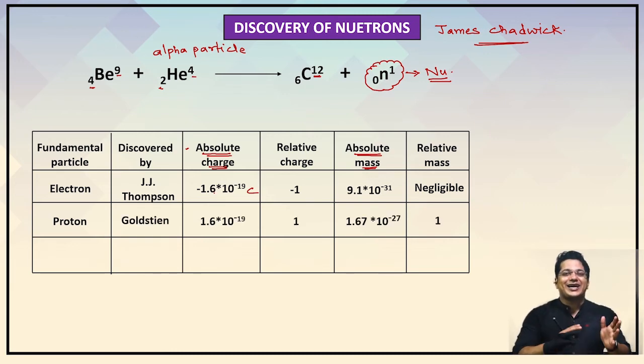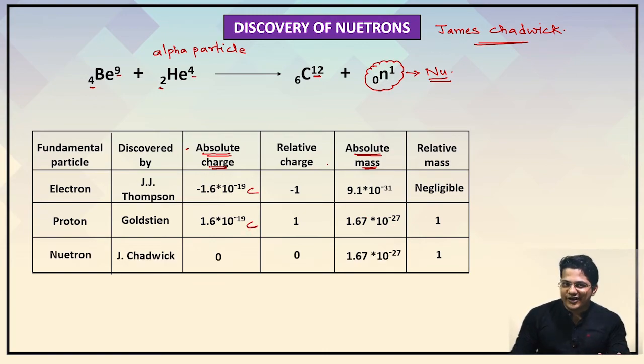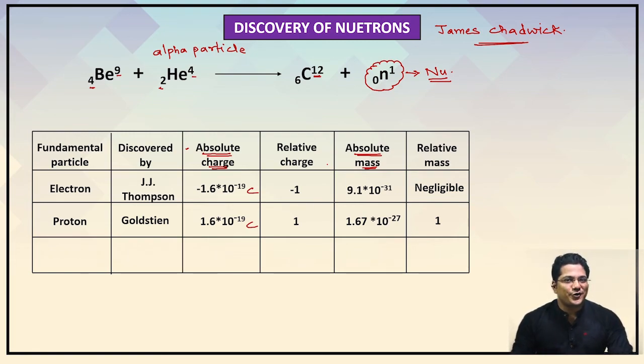It is exactly opposite to the electron, that is +1.6 into 10 raised to -19 coulombs. The relative charge is +1. The absolute mass is 1.67 into 10 raised to -27 kg. Relative mass is 1.